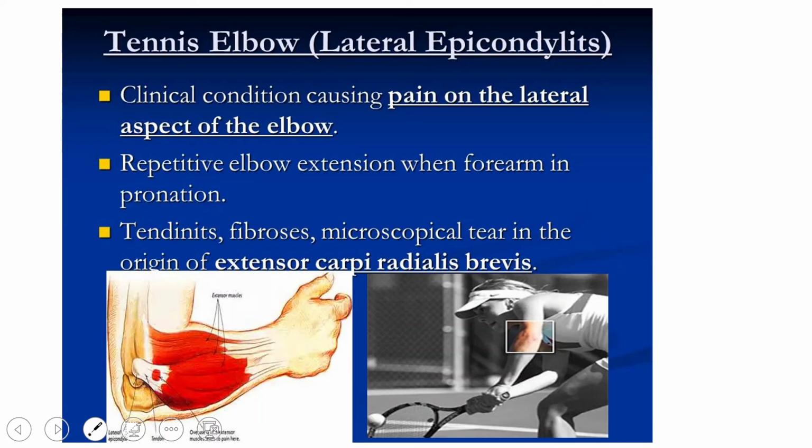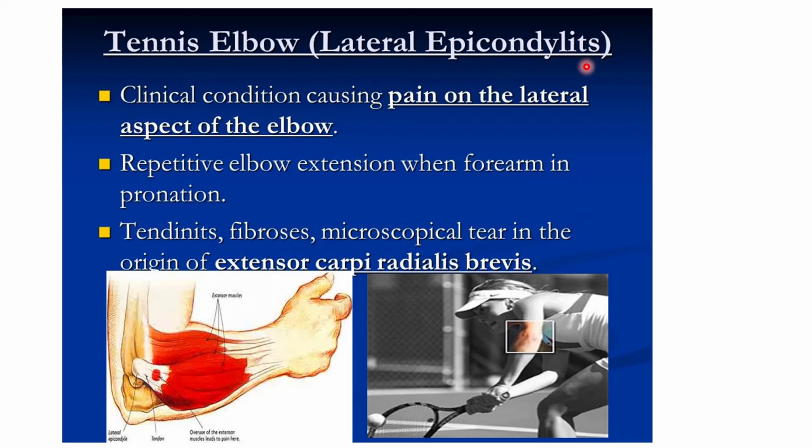Next is the condition called tennis elbow. It is a condition where there is a sprain or partial tear of the radial collateral ligament of the elbow joint, which results in severe pain and tenderness over the lateral epicondyle. This condition is commonly seen in tennis players, hence called tennis elbow, which is also called lateral epicondylitis.